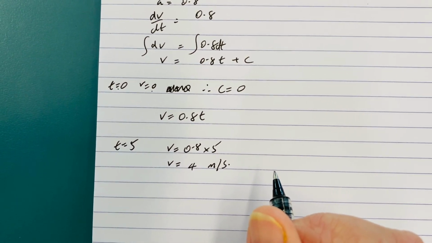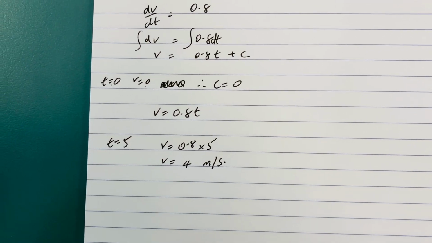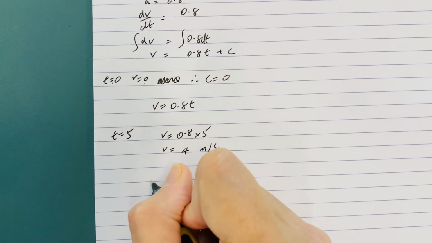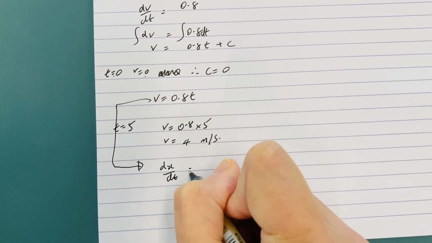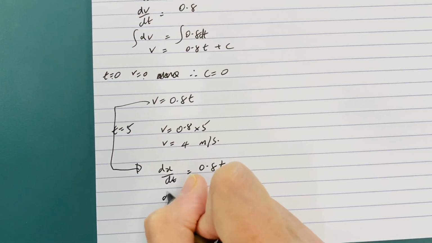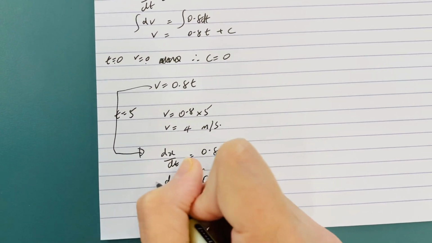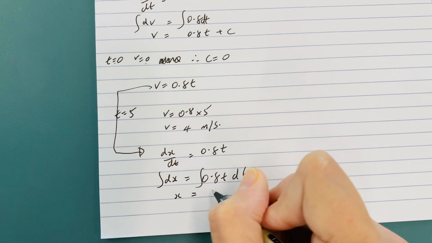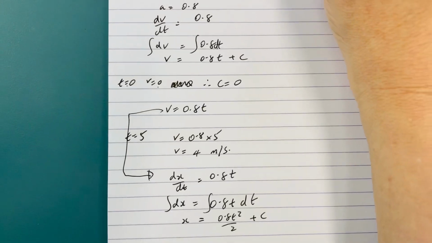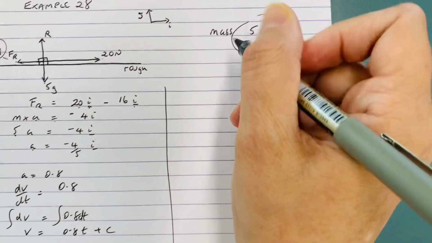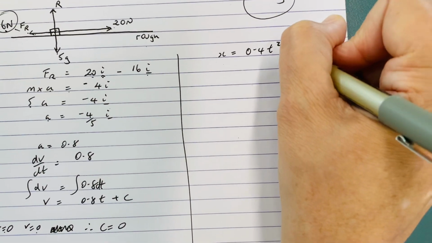We also talked about how far the object moves during those first 5 seconds. Now, from this, dx/dt equals 0.8t. dx equals 0.8t dt. Integrate both. x equals 0.8t squared on 2 plus c. So x is going to equal 0.4t squared plus c.